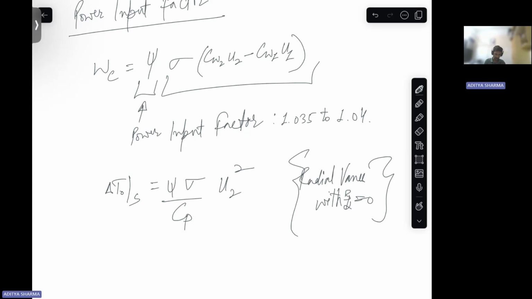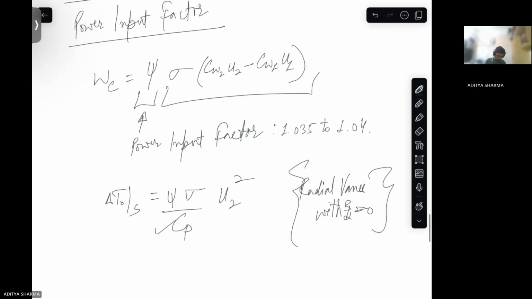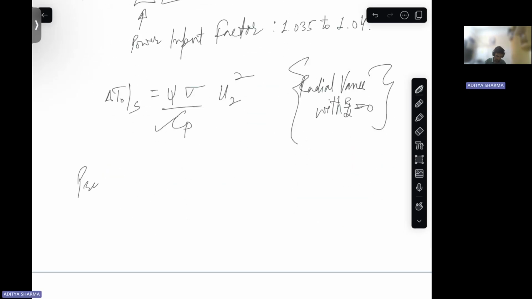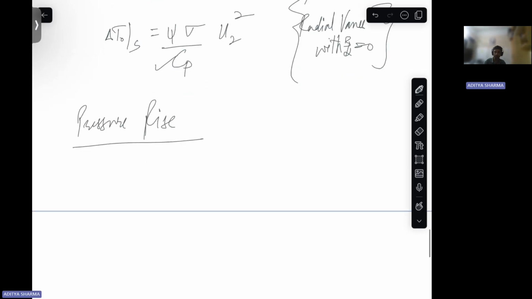So this is specific heat at constant pressure. Then this will basically be used in your pressure rise. So if you want to calculate pressure rise across your centrifugal compressor, basically what we are doing, we are pressurizing the air that is coming inside of your centrifugal compressor, and later that will go to your combustion chamber, from combustion chamber to your turbine to your nozzle.